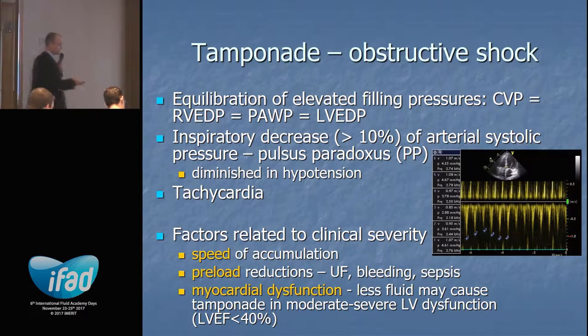The same would happen if he starts to bleed, as a bleeding would be a trigger, or if he loses filling due to some distribution cause like sepsis. And of course, if you have severe LV dysfunction and moderate to severe dysfunction, that would tamponade easier than normal LV function.